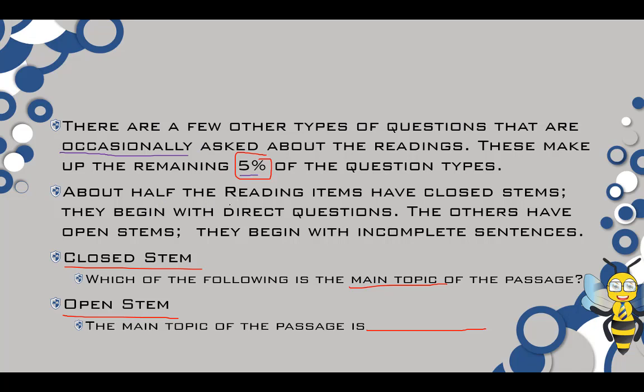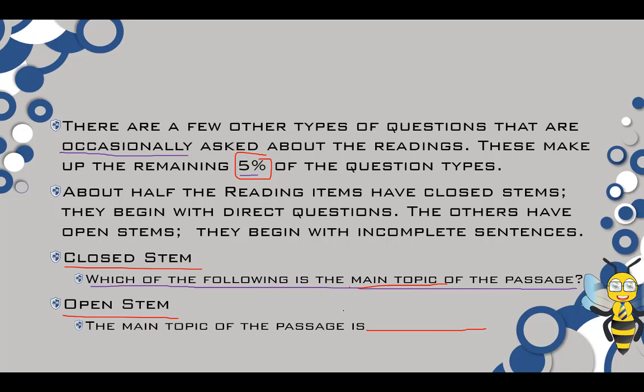About half the reading items have closed stems. They begin with direct questions, and the other half have open stems. They begin with incomplete sentences. What is a closed stem? For example, the question could be, which of the following is the main topic of the passage? This is a closed stem because we have a complete sentence.